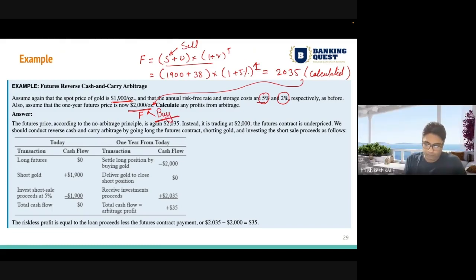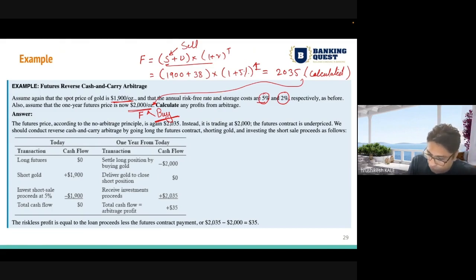Okay, now let's do this. How to do it? We need to sell short, which means spot.